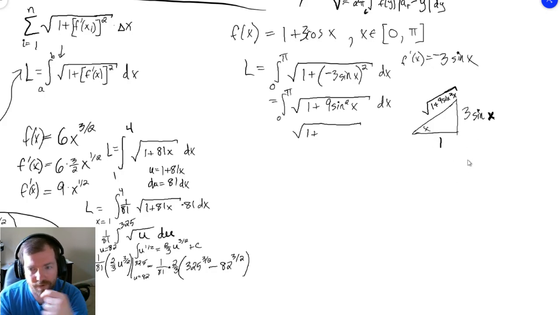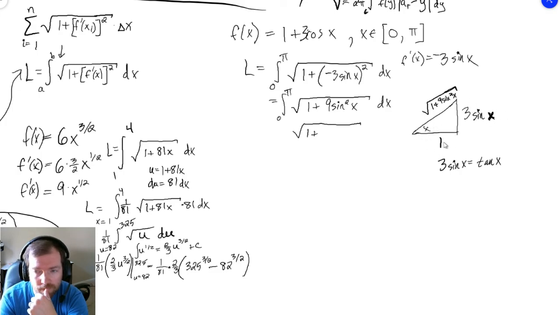Alright, I think that we can say that 3 sine of x is equal to tangent of x, because the tangent of x here is going to be 3 sine of x over 1, which says that this whole thing up here, oh man, okay. I hope I'm right. Alright, 3 sine of x equals the tangent of x. So this is going to be the tangent squared of x.